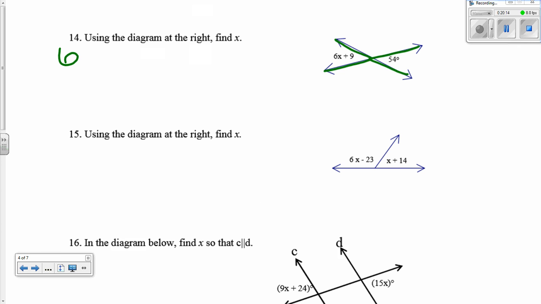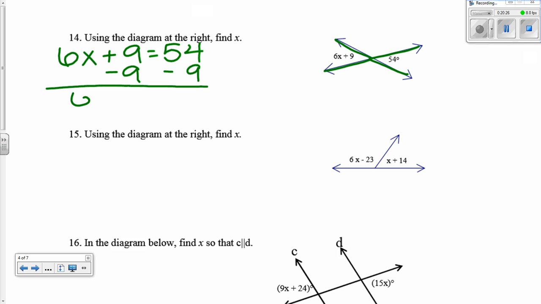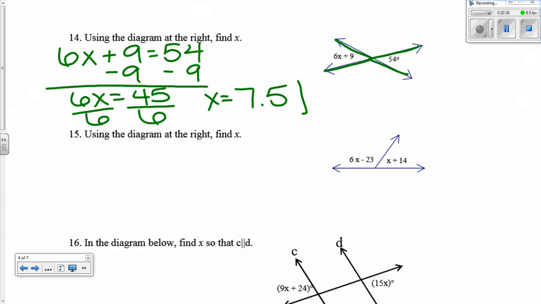So to find x, I know to set them equal to each other. So I get x equals 7.5.